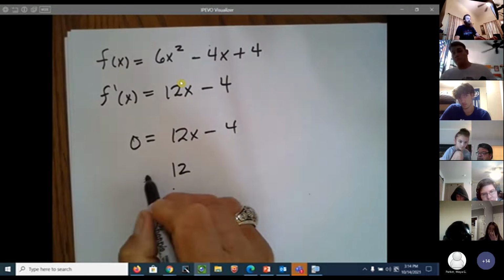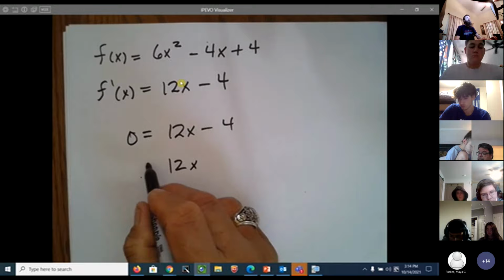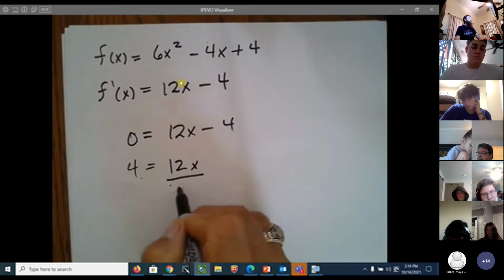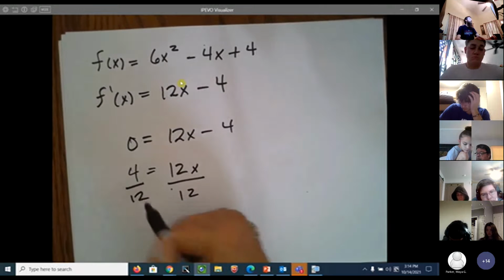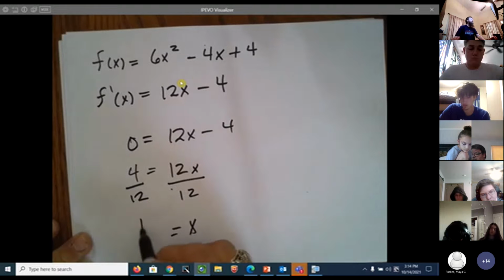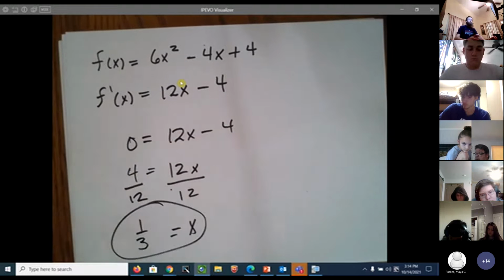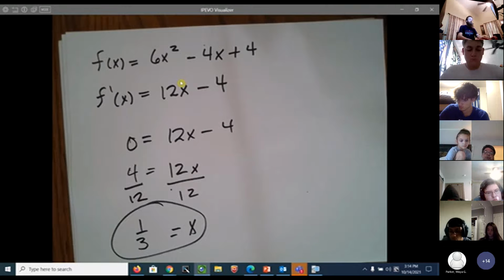12x is equal to what? 4. x is equal to 1/3. So at x is equal to 1/3, you have a slope of 0, which means it's a horizontal line.